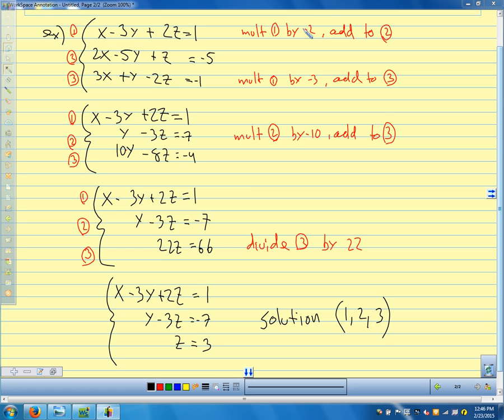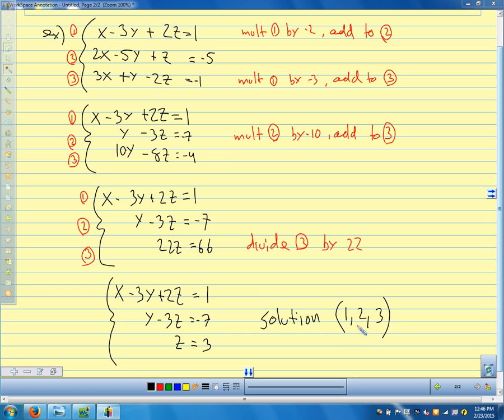I could, if I wanted to, when I multiply 1 by negative 2, rewrite this equation multiplied by negative 2, and then rewrite the second equation multiplied by negative 10. But the row operations say that the solutions are the same. So we don't have to rewrite them multiplied by negative 2. We can do that operation and then replace the other row, so we don't have to keep making these numbers get bigger and bigger and bigger. We could, but we don't have to.